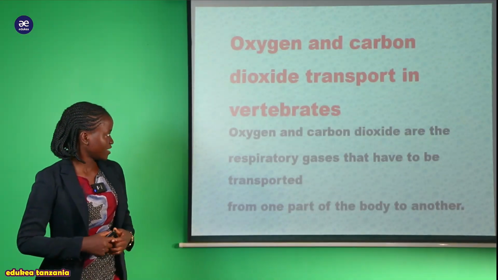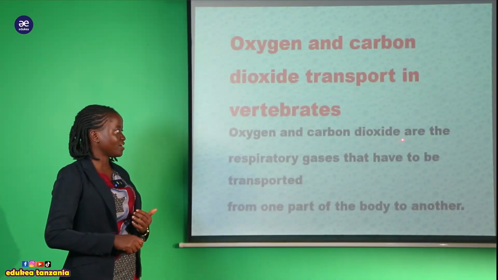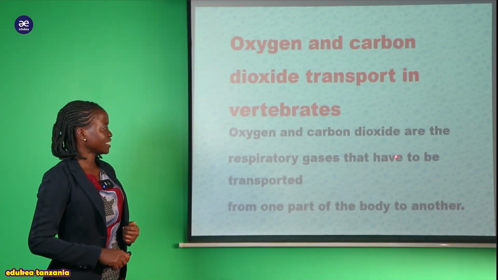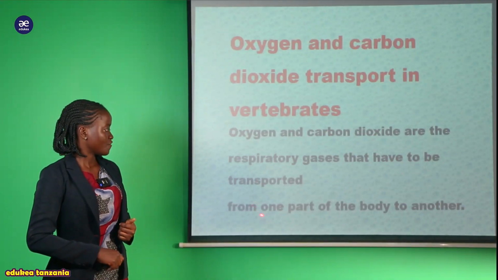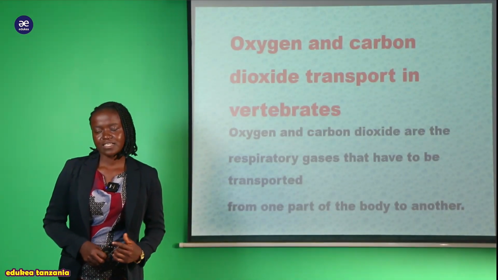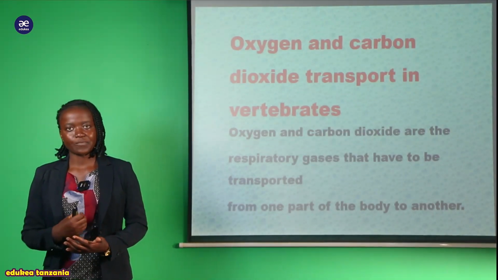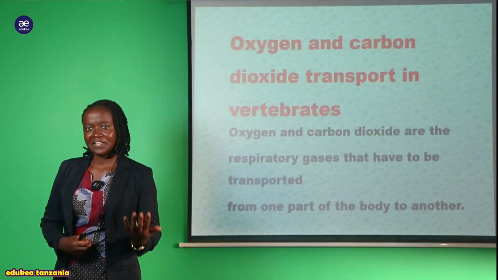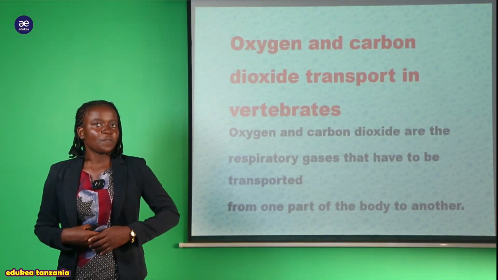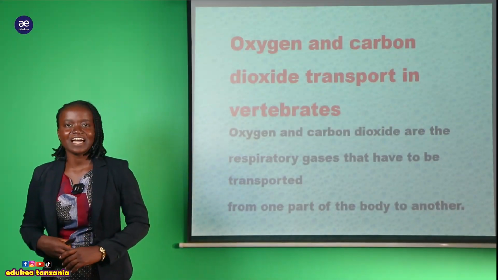Now we are saying that oxygen and carbon dioxide are the respiratory gases that have to be transported from one part of the body to another. So the gases that we are talking about are oxygen and carbon dioxide, and in your body they should be transported from one region to another.